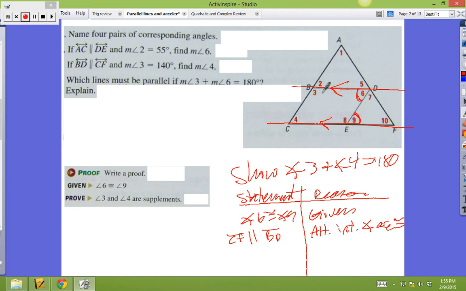So now if these are parallel, that means angle 3 plus angle 4 has got to be 180, because these are consecutive interior angles if the lines are parallel. Consecutive interior angles are supplementary, only in parallel lines. So, not too bad.